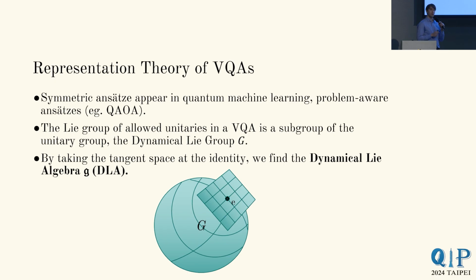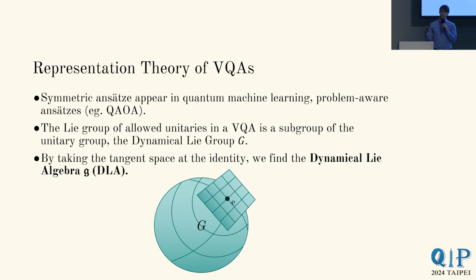Often the useful ones are problem aware, which means that they change based on the problem. An even more refined subset of these is symmetric ansatzes, which is basically when the ansatz is only taken from a continuous subgroup of the unitary group. And we call this group the dynamical Lie group.